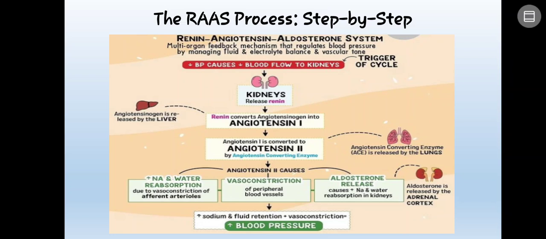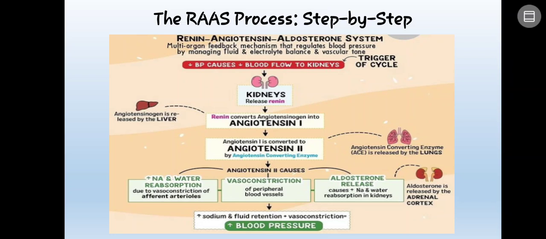They will sense that there is a reduction in blood pressure, or receive that signal of low blood pressure. In response to this signal, the juxtaglomerular cells will release renin.